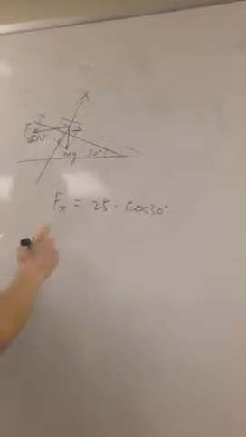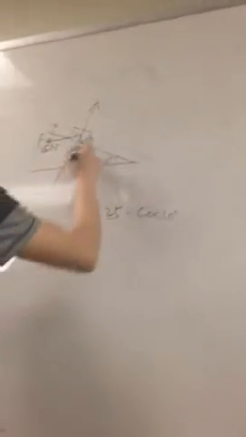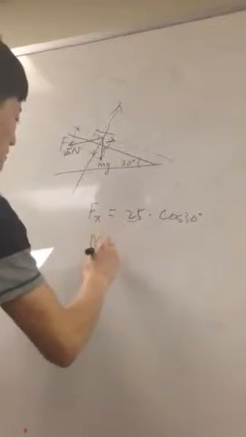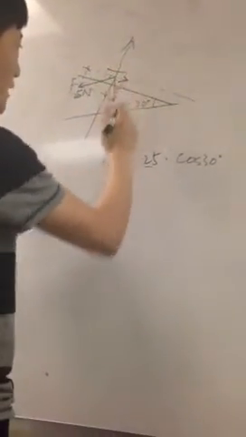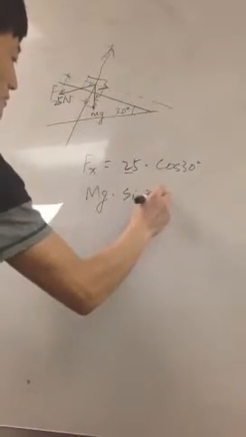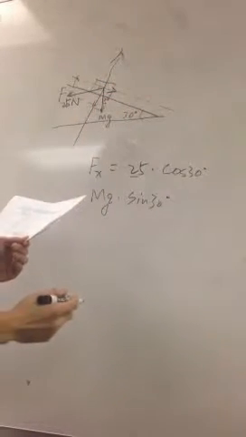And then the gravity also has a component on the x, which is sine 30 degree. Here is 30, and here is sine 30.